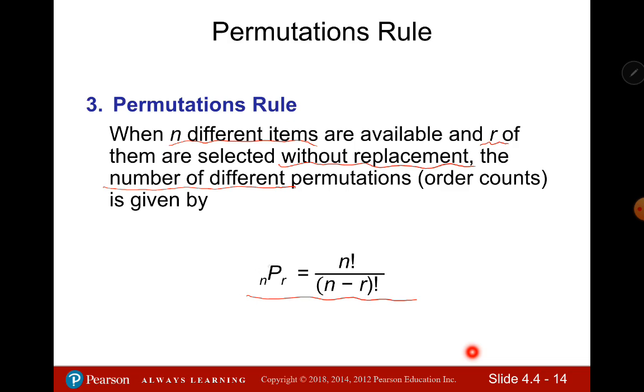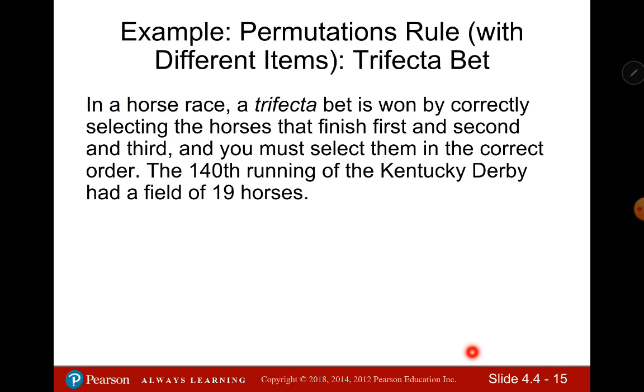Here the capital letter P stands for permutation, n means how many different items in total, and R means how many items we want to pick. This is your formula. Make sure you don't forget the factorial symbol. It's not just a single number, it's the factorial of the number. Let's check the example.